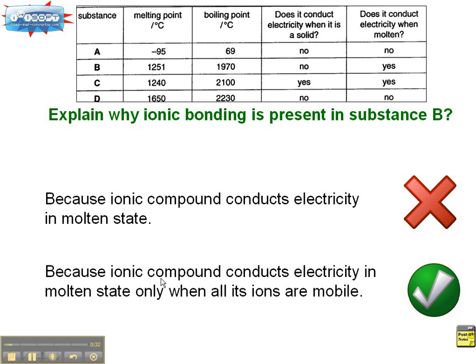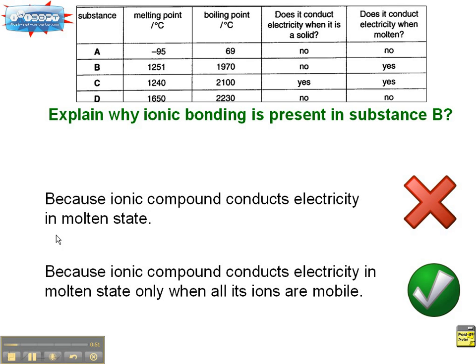So you have to say because ionic compound conducts electricity in molten state only when all its ions are mobile. Okay, just to add in, because this question doesn't differentiate ionic compound with metal.